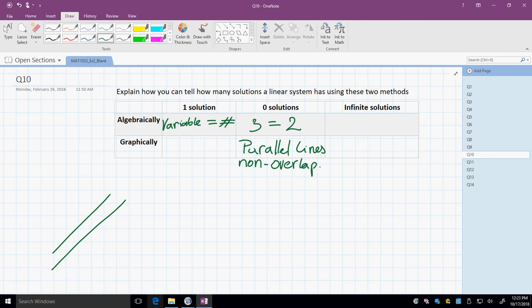One solution, as I said before, a variable equals a number. Graphically, it's when the lines intersect, the point where the intersection is happening.